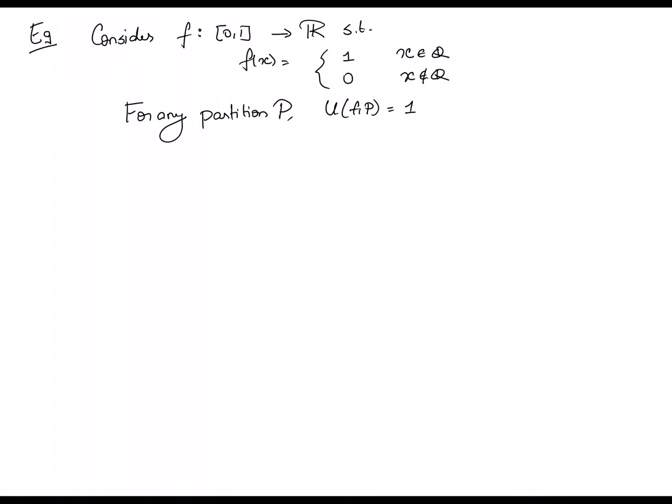Similarly, for every partition P, L(f,P) is 0. Why? Because in every subinterval there is at least one irrational, right? And this is true for all partitions P.